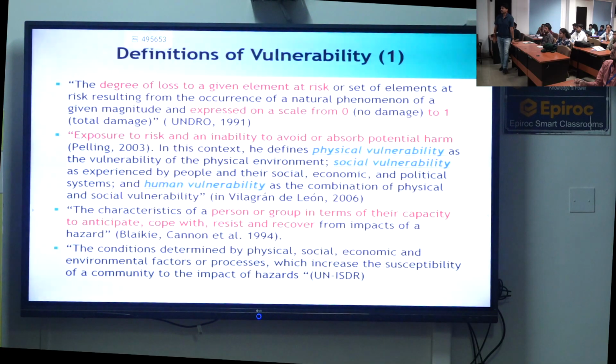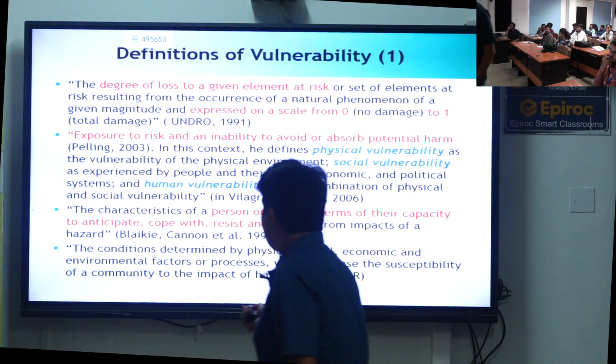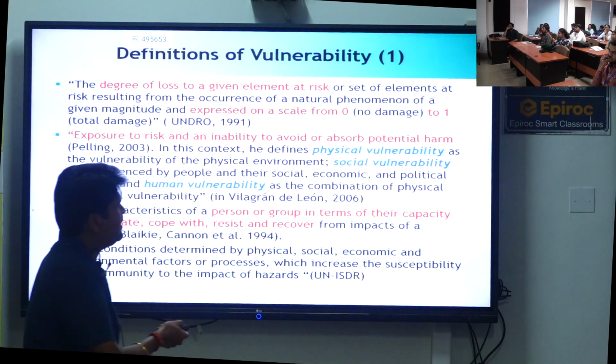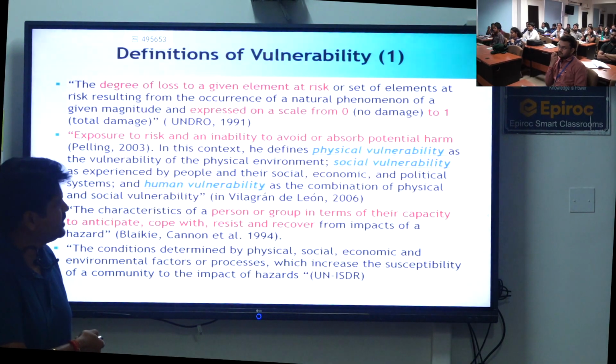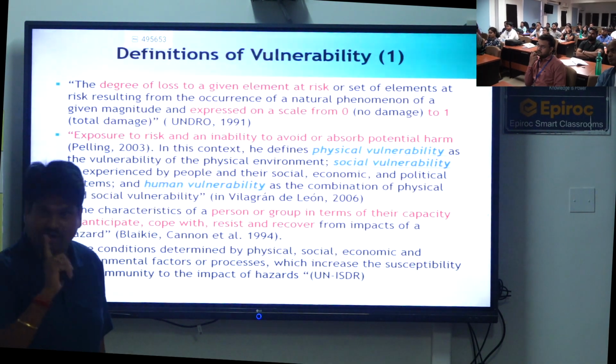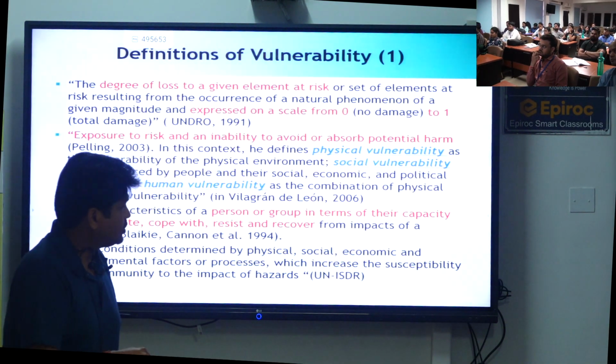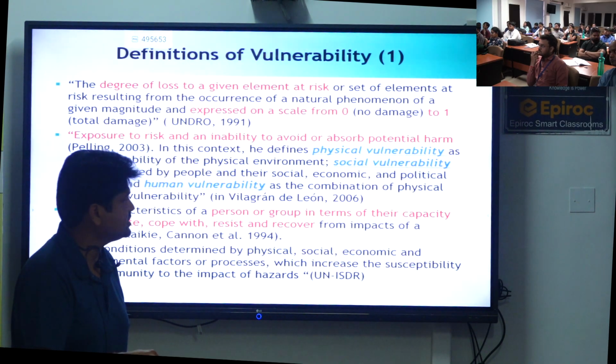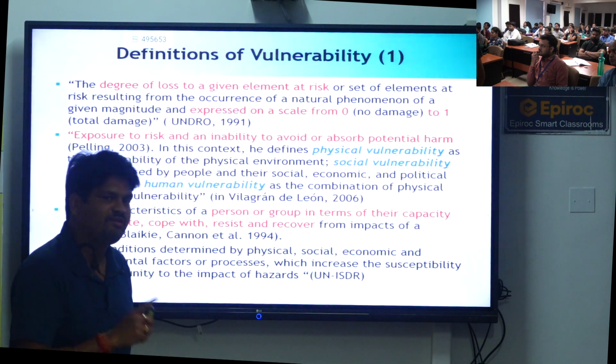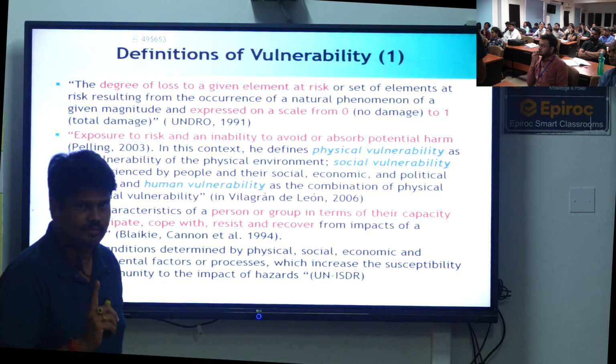Now, let's learn how to define it. The degree of loss to a given element at risk, that is what you call the degree of loss, to a given element at risk or a set of elements at risk resulting from the occurrence of a natural phenomenon with a given magnitude. Already I have mentioned this earlier.